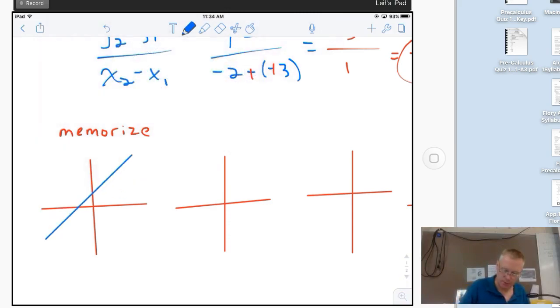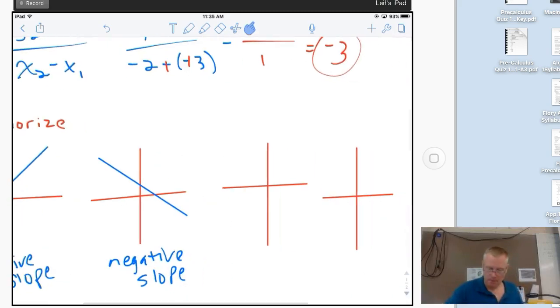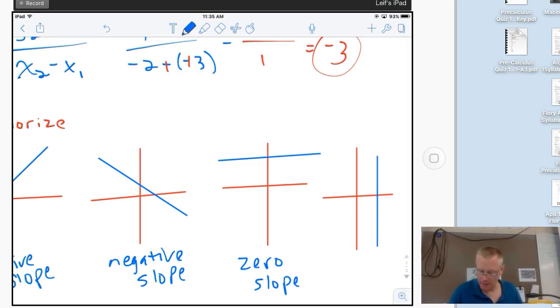Positive slope goes up and to the right. Negative slope goes down and to the right. Zero slope goes straight across. And undefined slope goes straight up and down.